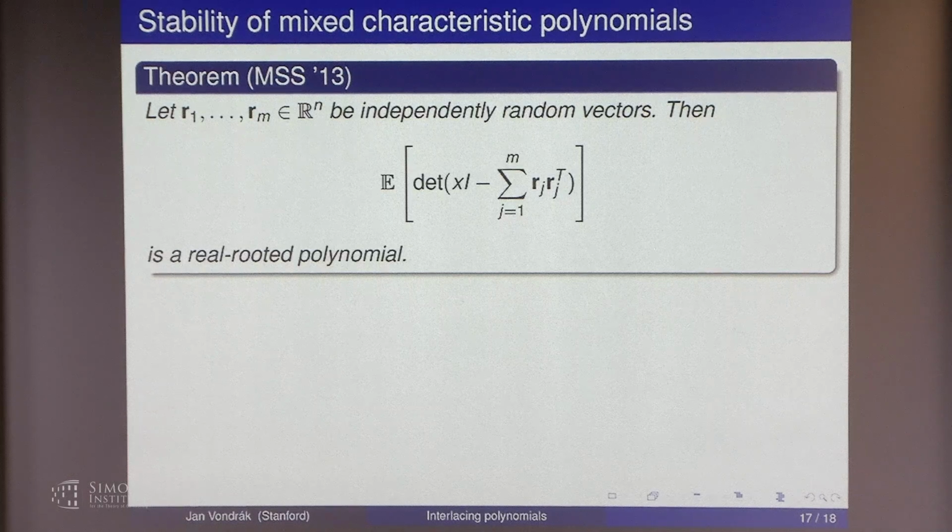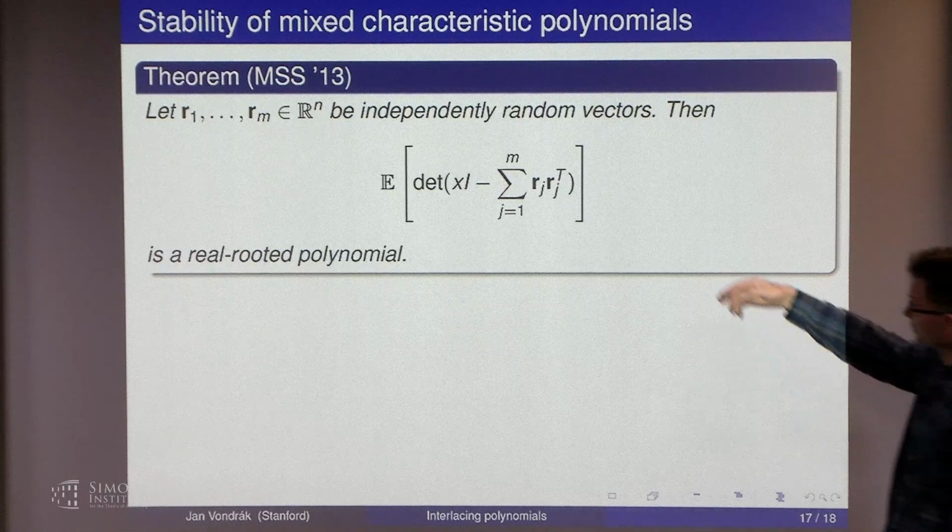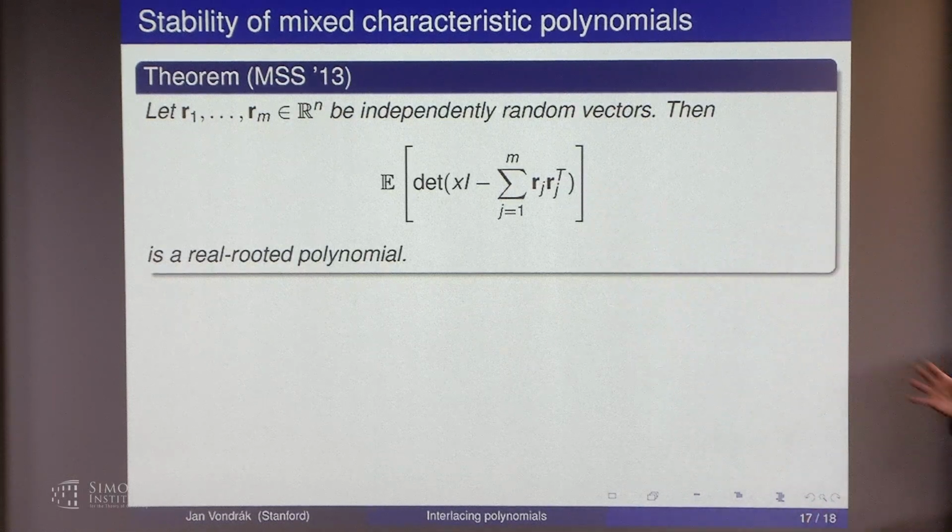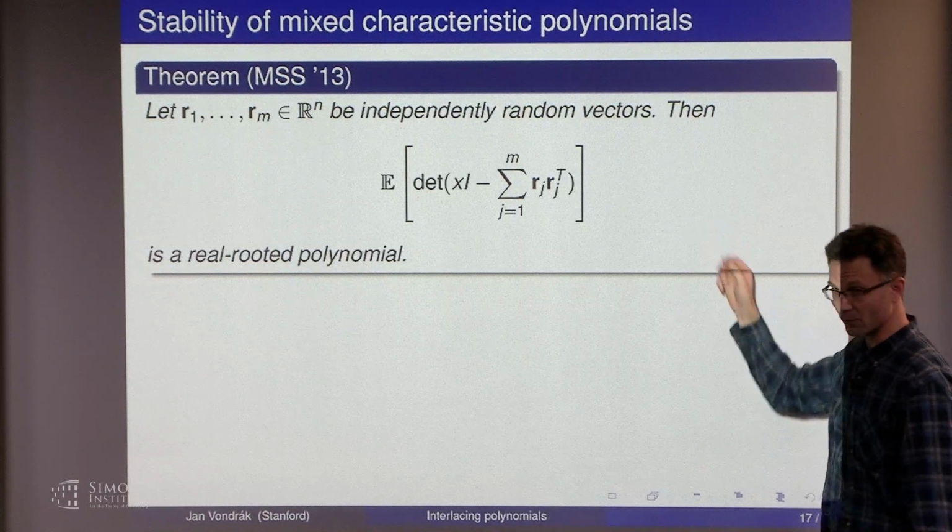The randomness is independent between these successive choices, and each of them is just a rank 1 update. So that seems to be at the core of this method. And MSS prove that any polynomial in this form is actually real-rooted.